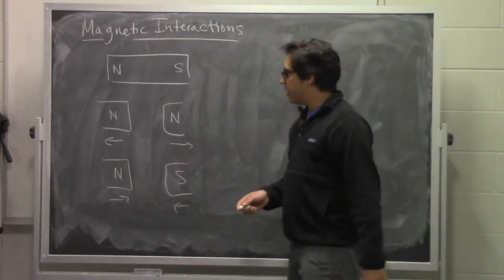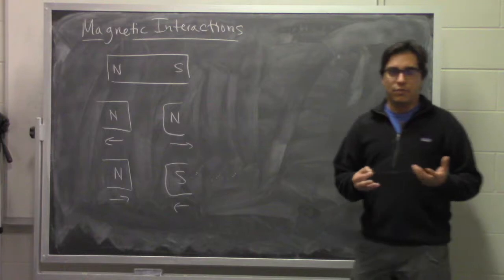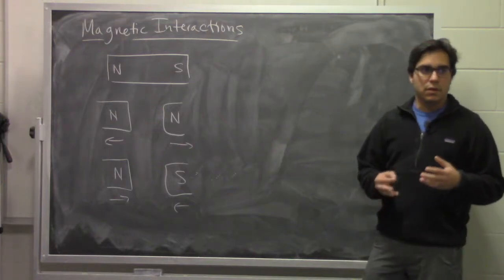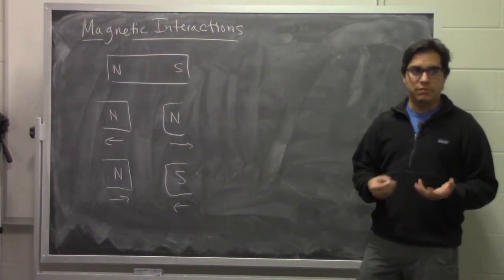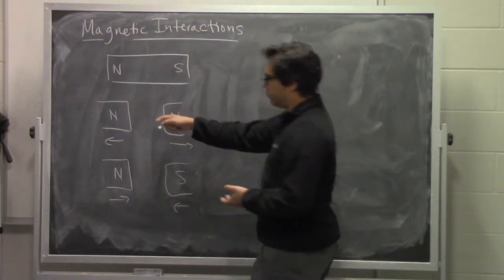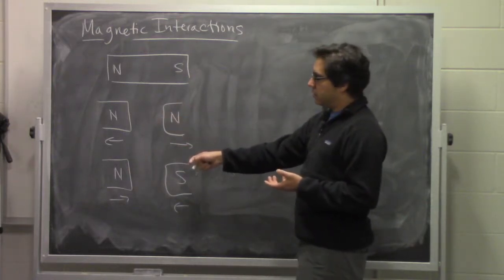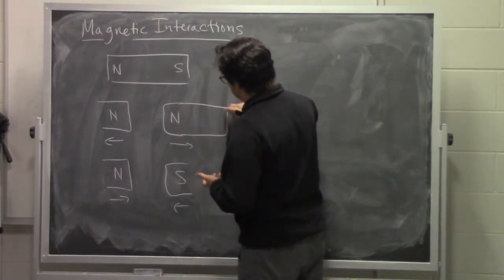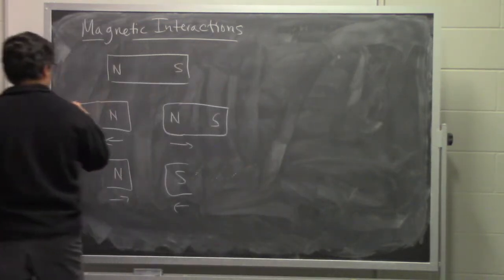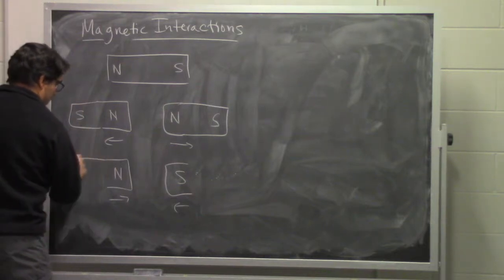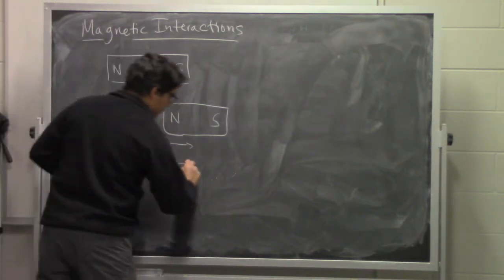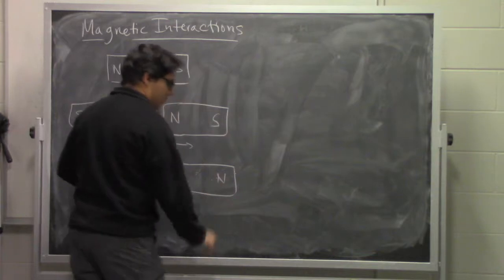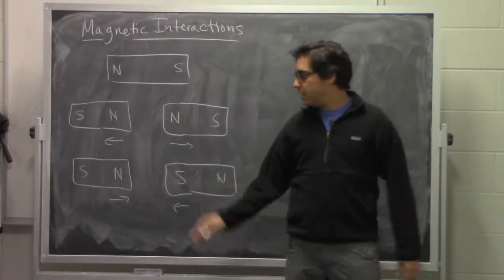The difference here is that no matter where we look, everywhere in space, we cannot find lone north poles or lone south poles. Even though I've drawn the ends of the magnets here, there are still these ends way over here that have the oppositeness of the pole that is on the left or right end.